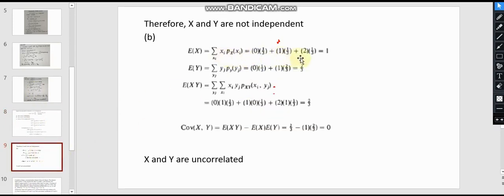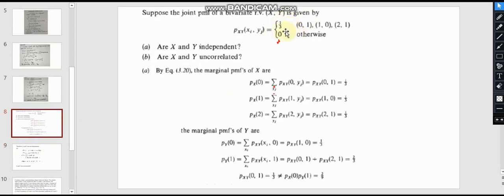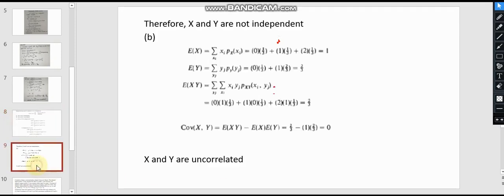Incorporating in this formula, the expected value of X is equal to 1. For the expected value of Y, Y could be 0 or 1. When Y is equal to 0, its marginal PMF was 1/3, and when Y was equal to 1, its marginal PMF was 2/3. So the expected value of Y is equal to 2/3.